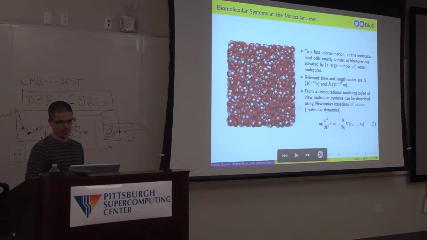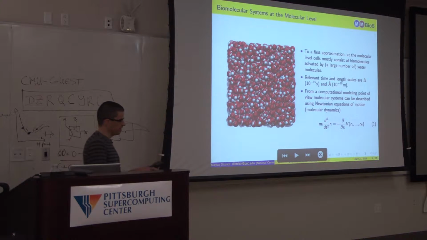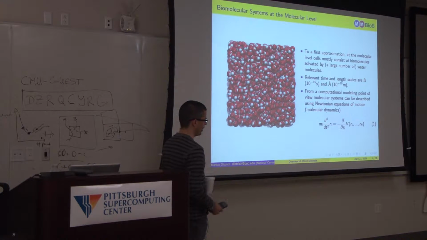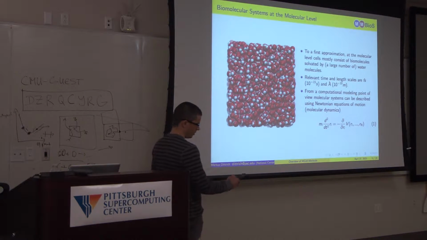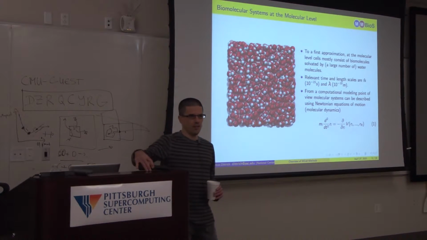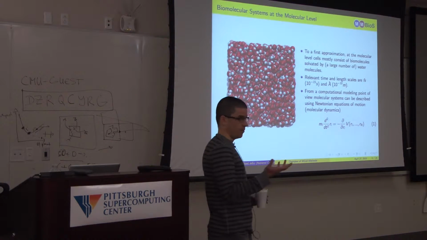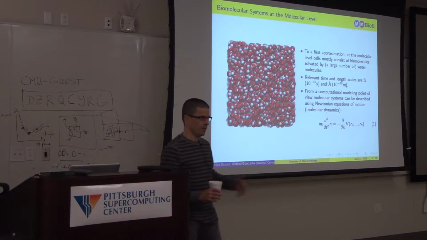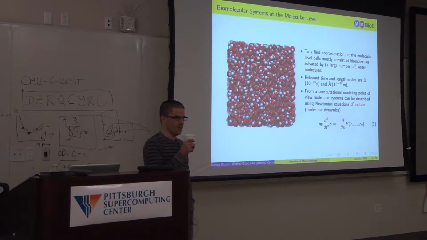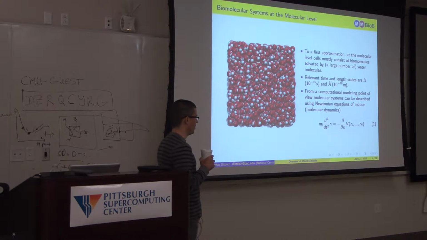And basically what people do is they solve this equation of motion that describes the time evolution of the location of particles in the presence of some potential that, in the case of molecular dynamics, is empirically defined based on experience. It actually works pretty well. It works surprisingly well given the simplicity of these simulations.